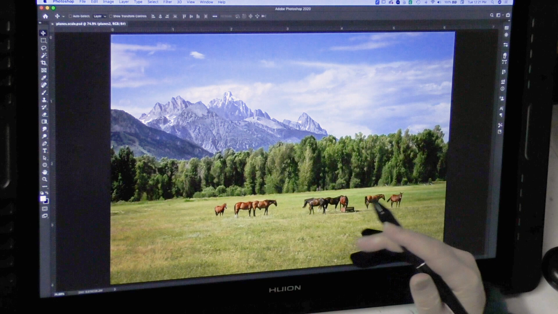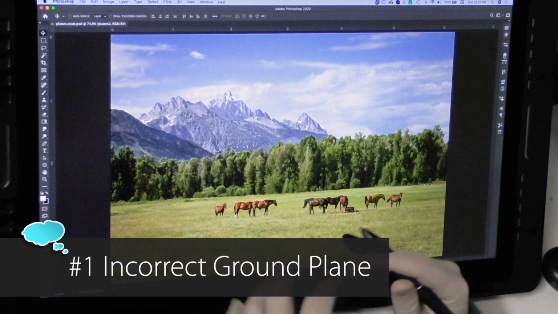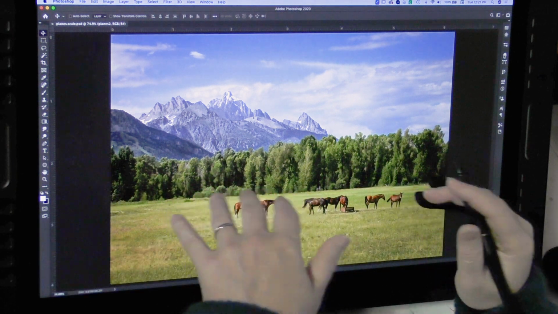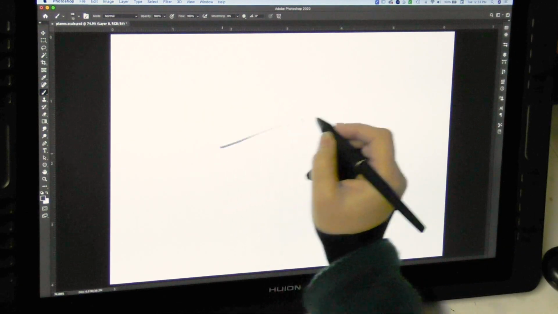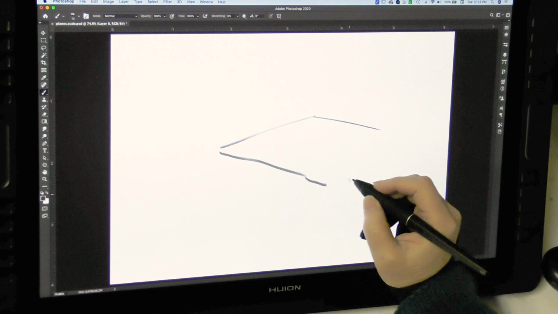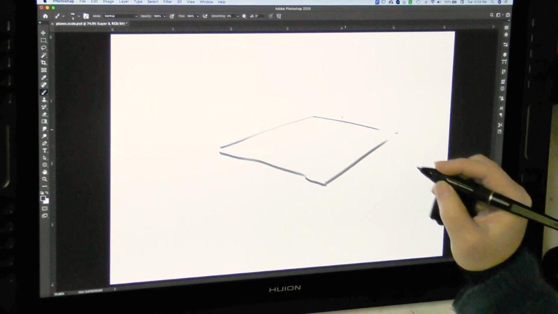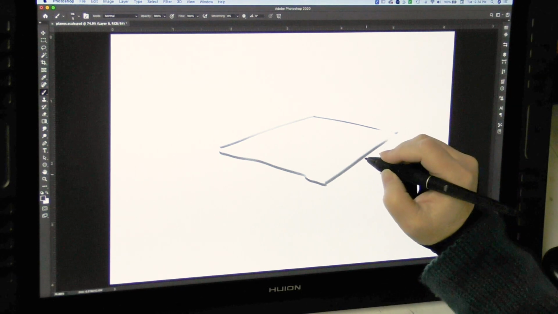The first is planes. And that is just not being aware of planes in a 3-dimensional space and how to render and draw in 3-dimensional space. Now, when you render anything, when you look at a scene, you usually have your main ground plane. Now, we're going to deal with just typical situations, not unusual situations.